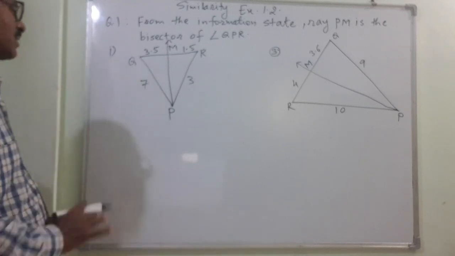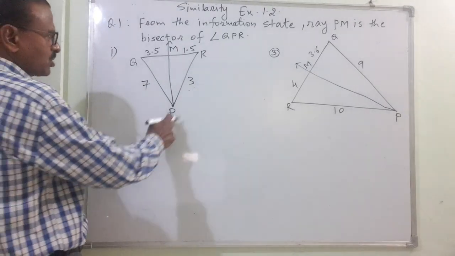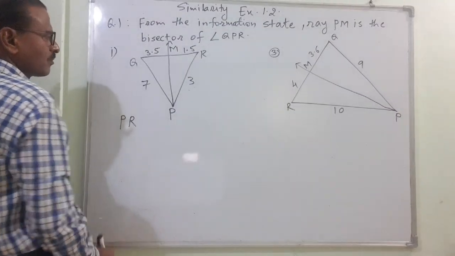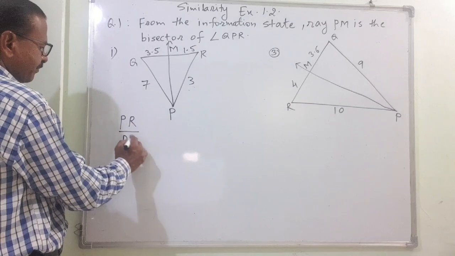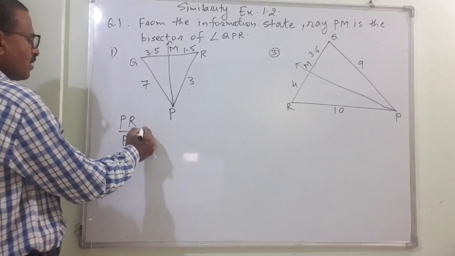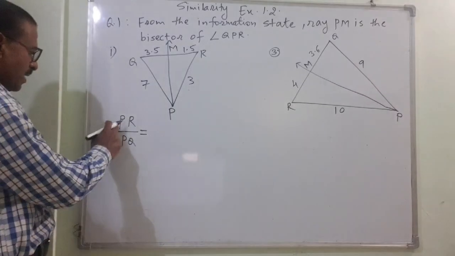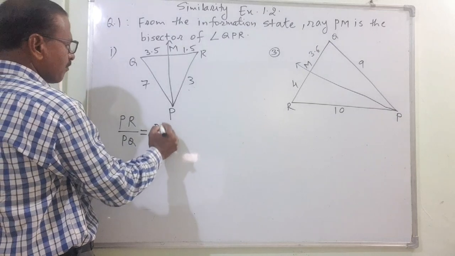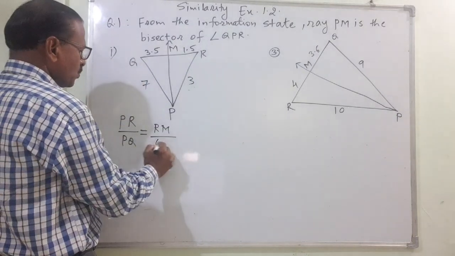What is the angle bisector property? First of all, you check that. The ratio of these two sides, PR and this side PQ, is equal to PR, from R this part starts, RM, PQ, from Q is QM.